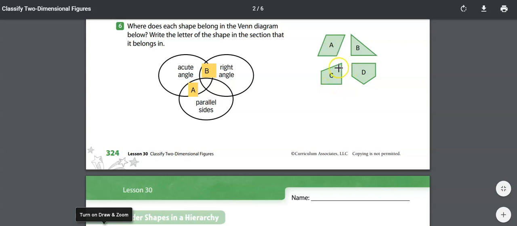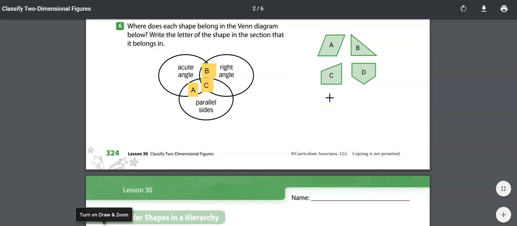So that means C has every single description in my Venn diagram. So let's find the place in my Venn diagram where all 3 of my circles overlap. And it looks like it's right here because parallel sides, acute angle, and right angle all overlap in this small section right here. So my shape C will go right here in this small section of my Venn diagram.